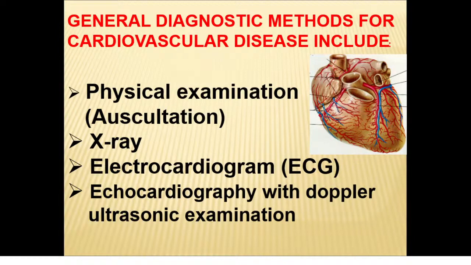Auscultation is one of the main methods of physical examination, because depending on intensity of the heart sound and presence or absence of heart murmurs, we can reveal some heart pathology.